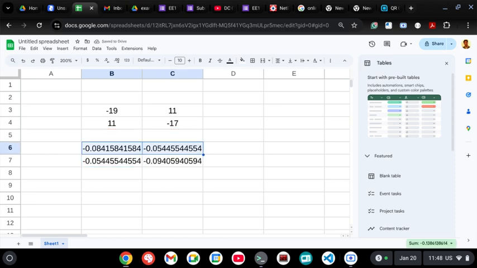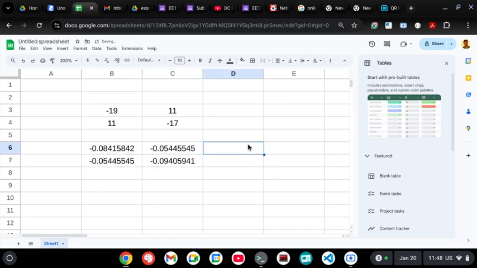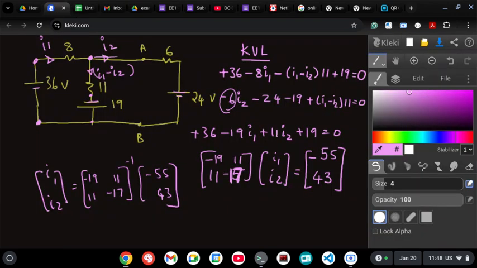Yes, so I got it. Then minus 55. What was the other one? 43. Is it plus 43? Am I correct? We are looking at equation number 2.